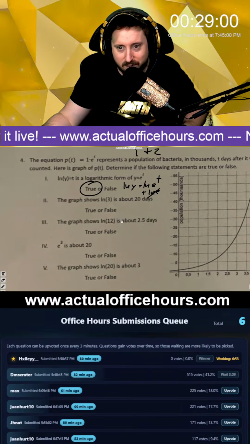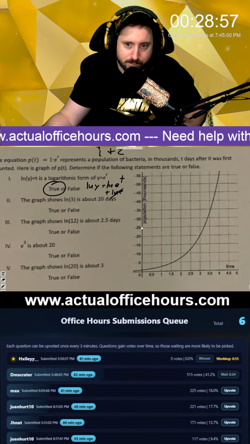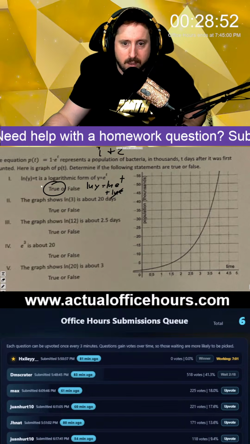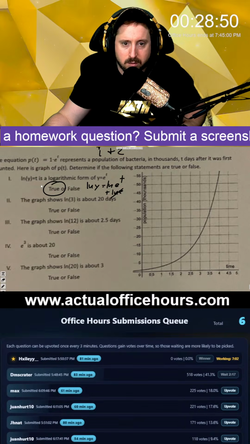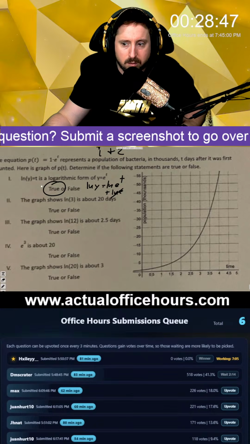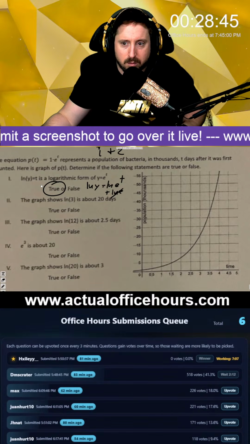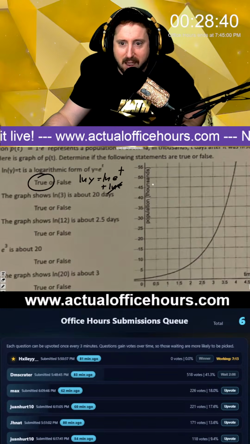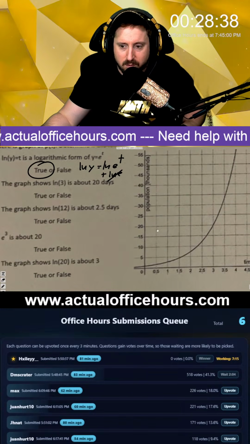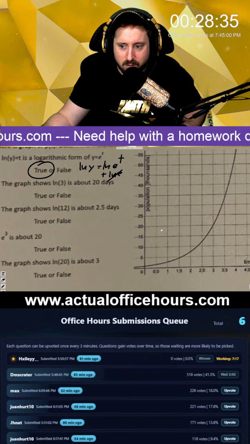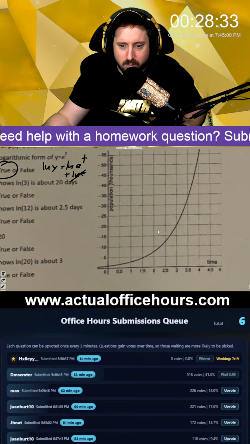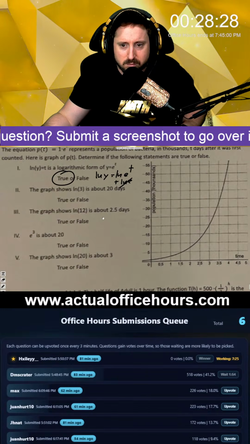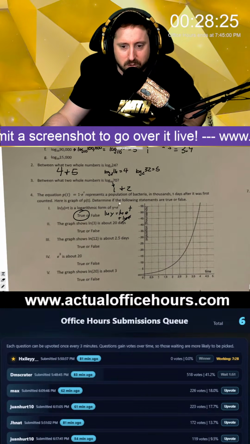The graph shows that the ln of 3 is about 20 days. Ln of 3. 20 days? Wait, what? What's going on here with time? Oh, that's thousands of days. But then, wait, what? I think your teacher's messing up here.